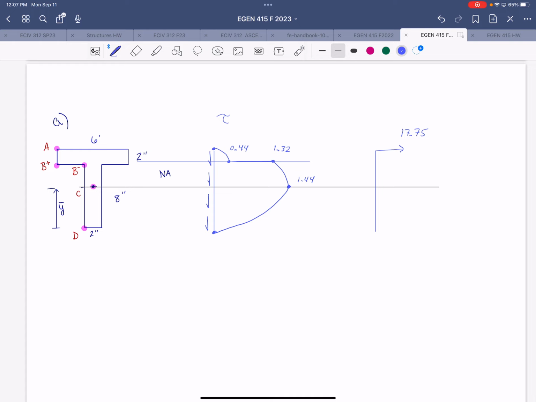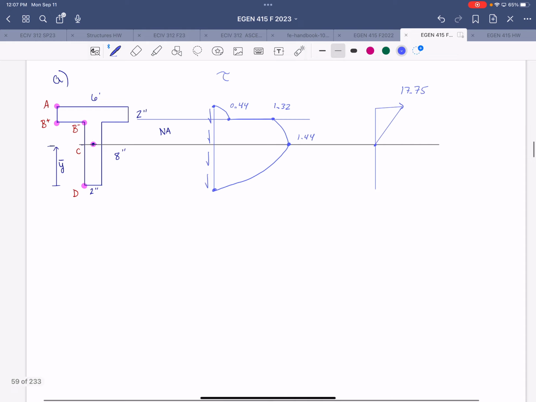We know it's going to be 0 at the neutral axis, and it will vary linearly between those points. And then compression maximum value calculated as 28.25.